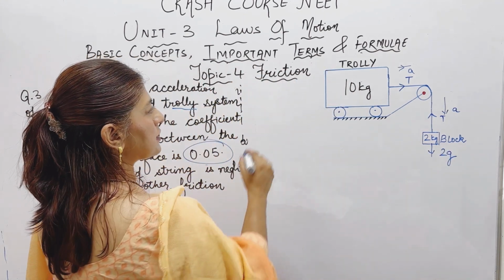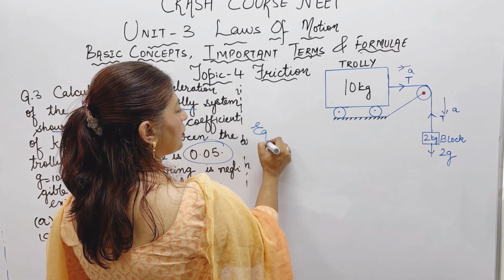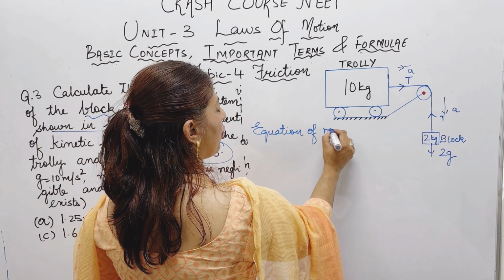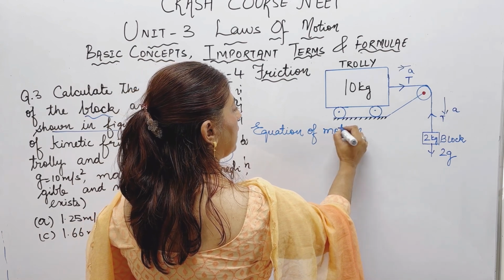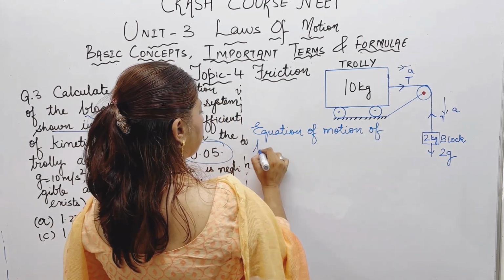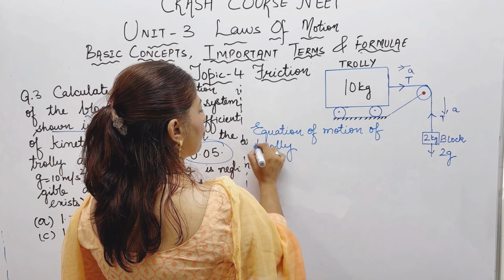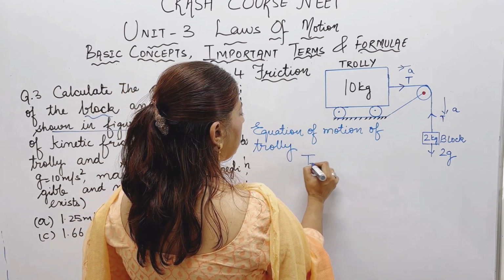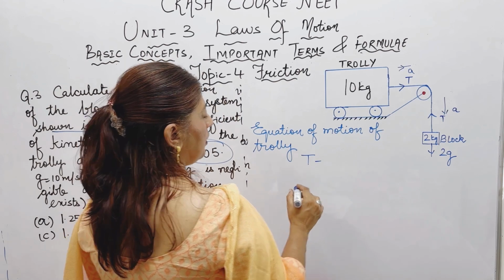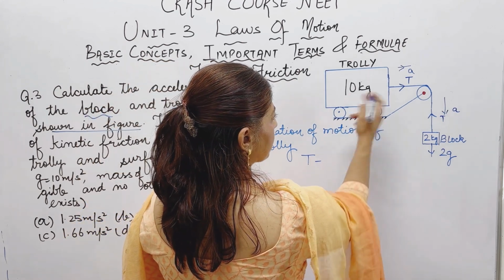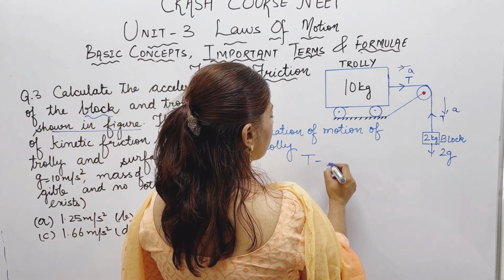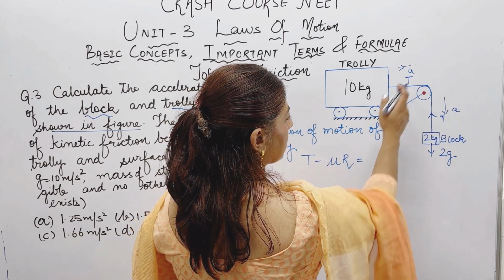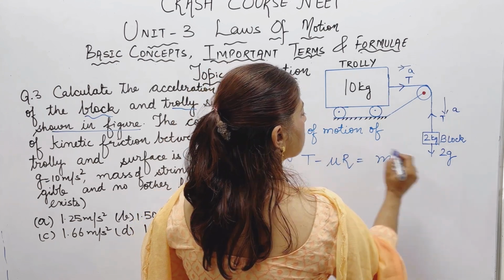So to solve this, first see the equation of motion of trolley. The equation of motion of trolley is given by the net force, which will be T minus the force of friction, that will be in the opposite direction, it will get subtracted, and this is equal to mass into acceleration, since there is an acceleration.